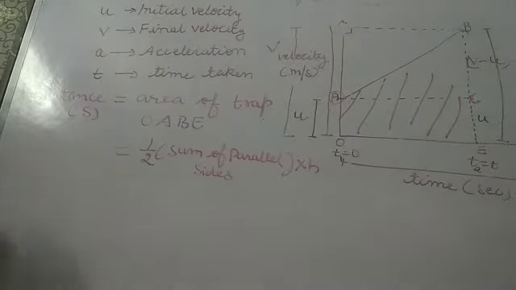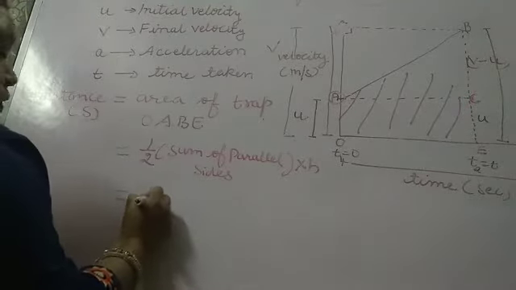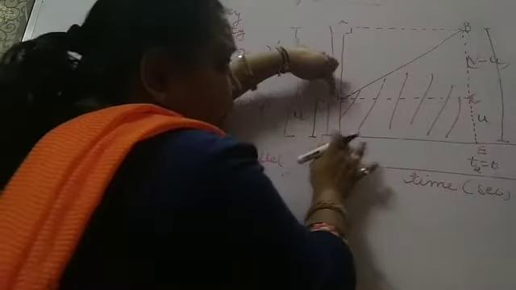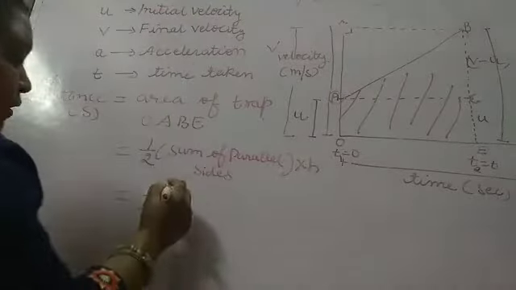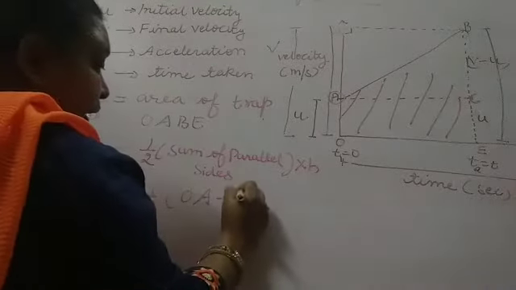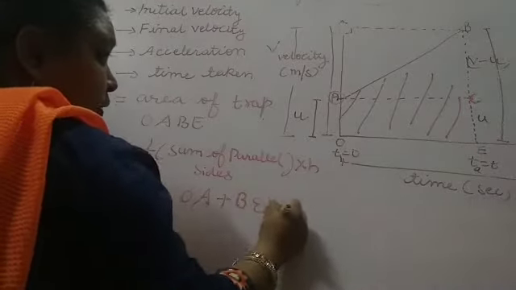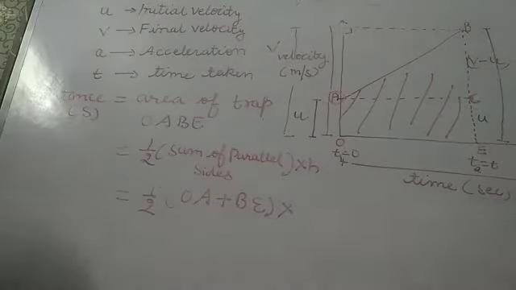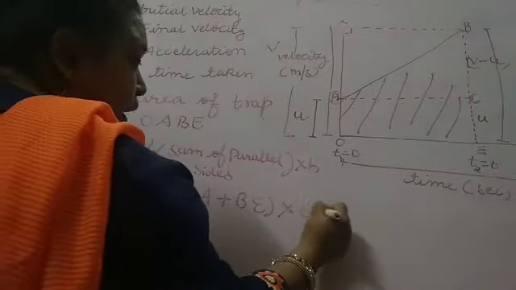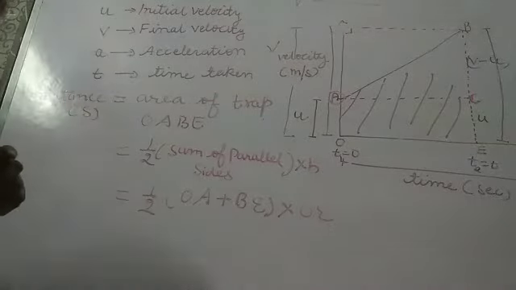So half, which one is parallel here? If you see, this OA is parallel to BE, isn't it? So I can write here OA plus BE. And the altitude, this OE, is the height, isn't it?